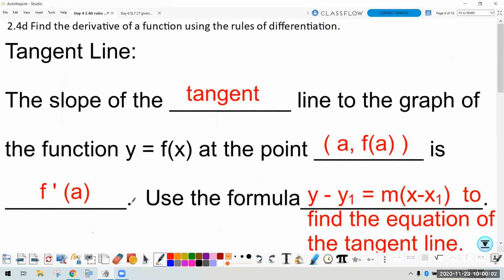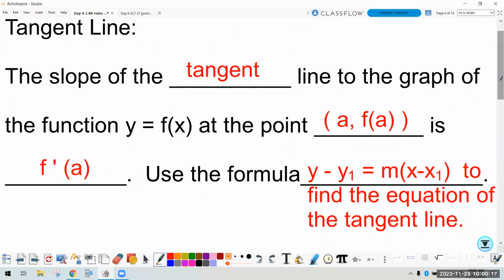Okay, so then we've been doing all along the tangent line, so you don't have to write this down unless you really want to. This is the same concept that the slope of the tangent line is the derivative. This is our point slope form where we have x1 and y1, and the derivative is our slope.